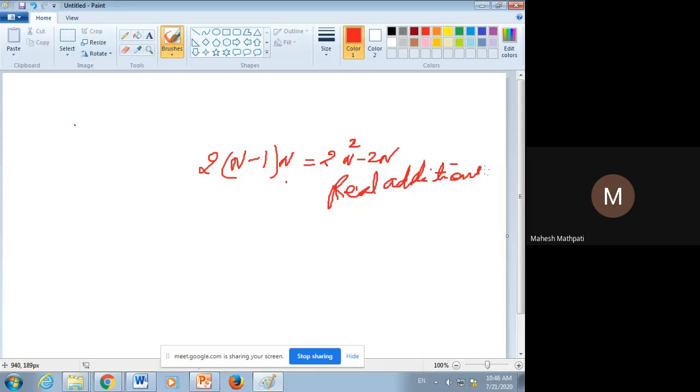So just write that 2 into N minus 1 into N equals 2N square minus 2N real additions.